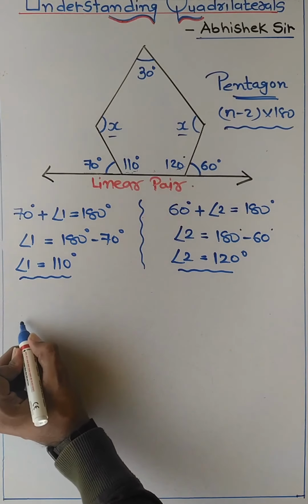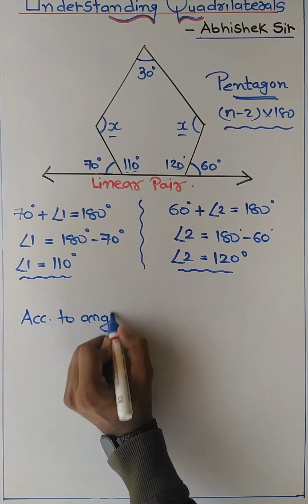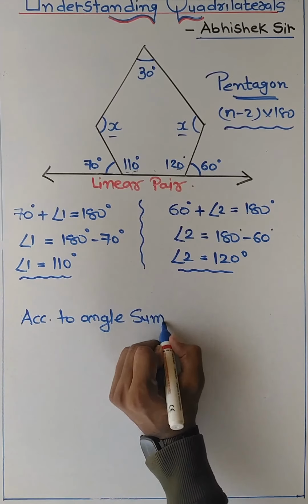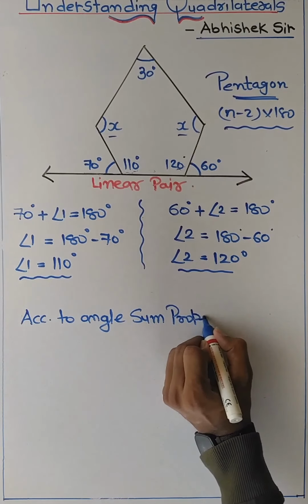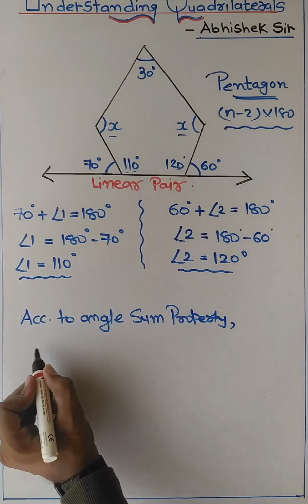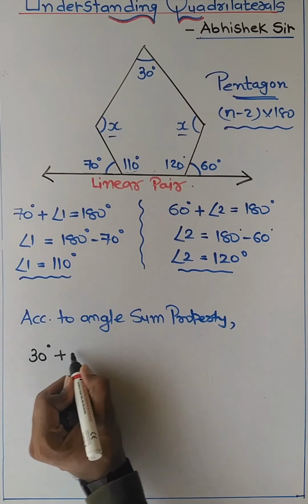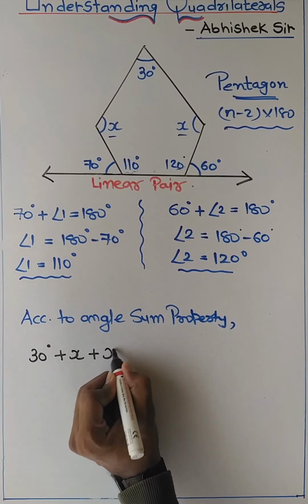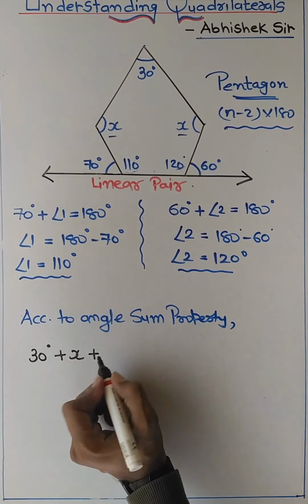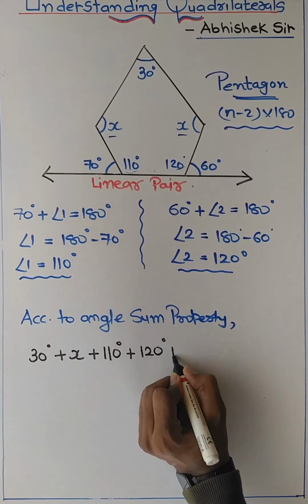According to the angle sum property, this statement you always have to write whenever you are finding the unknown angle, right? According to the angle sum property, let us start with 30 plus x plus 110 plus 120 plus x.